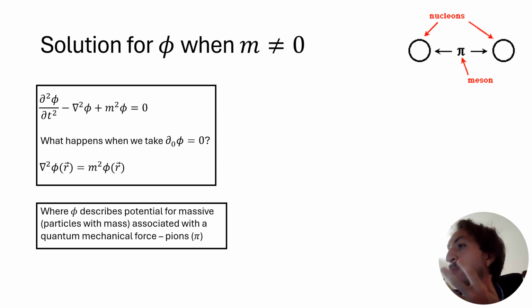So, for example, in the nucleus, the protons and neutrons are all held together by the exchange of pions. So pions are, in a sense, a force-carrying particle. Pions are also, it turns out, mesons, and therefore spin zero particles, meaning that actually the Klein Gordon equation describes these particles extremely well.